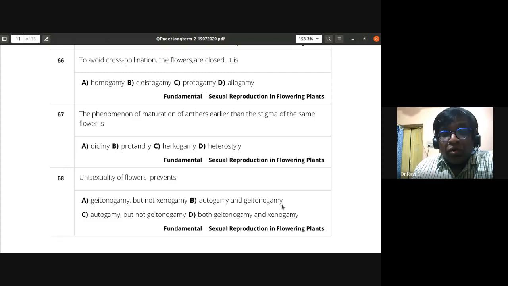Autogamy and geitonogamy both are right answers. Unisexuality of flowers prevents self-pollination, and geitonogamy is also a type of self-pollination, but it is pollination between two different flowers in the same plant. That is geitonogamy. So unisexuality of flowers prevents autogamy as well as geitonogamy.